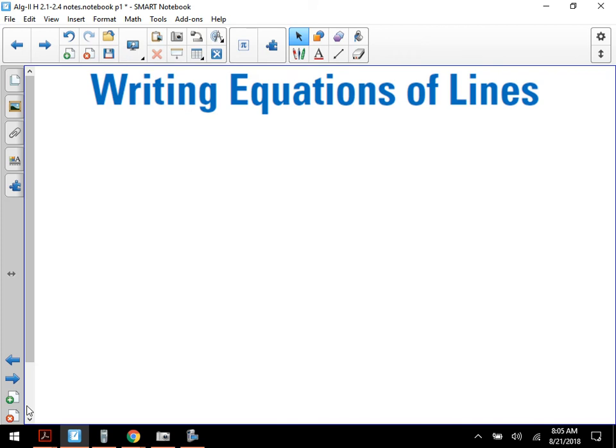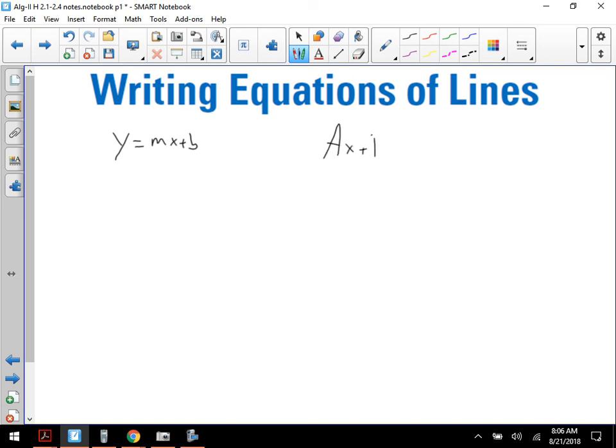We've talked about two ways to write an equation of a line. What were the first two ways? You got slope intercept and you've got standard form. What's the other one?